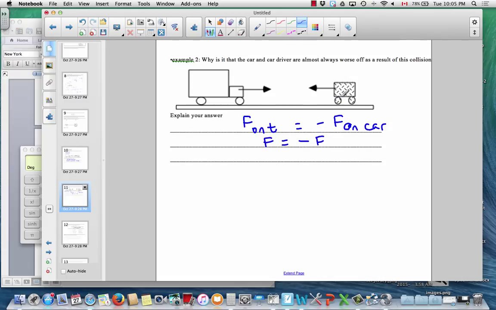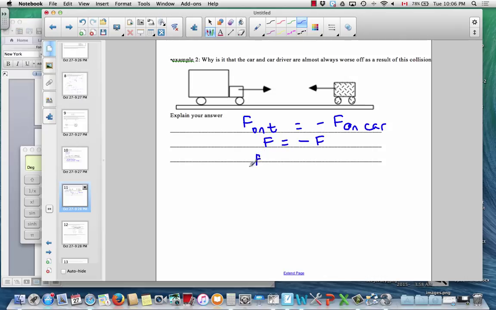What that has to do with is that the car tends to have a less strong frame than the truck does. So even if the forces are the same, the car is probably more likely to be damaged.